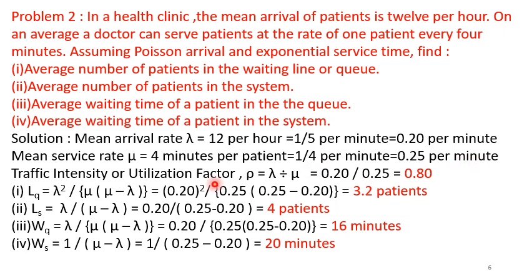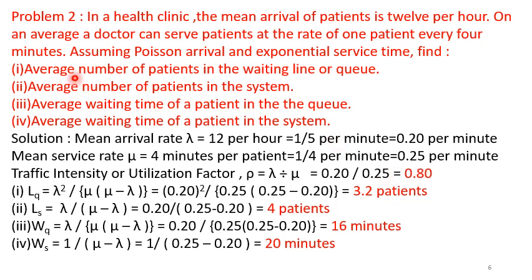Now, utilization factor rho will be lambda divided by mu, that is 0.20 divided by 0.25, that is 80%. So this health clinic is busy 80% of the time, and 20% of the time it is idle.